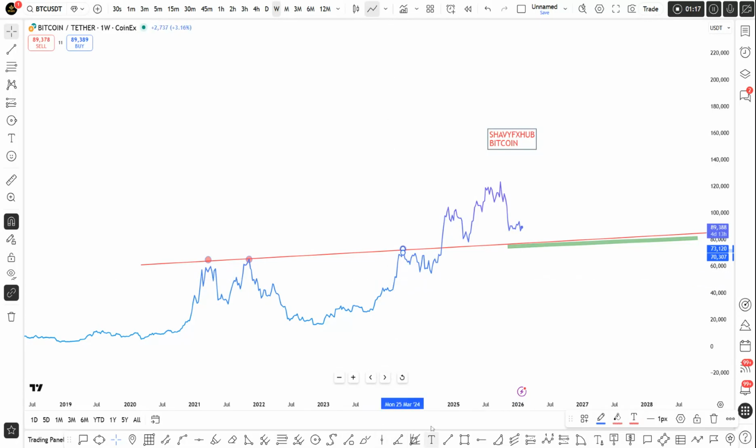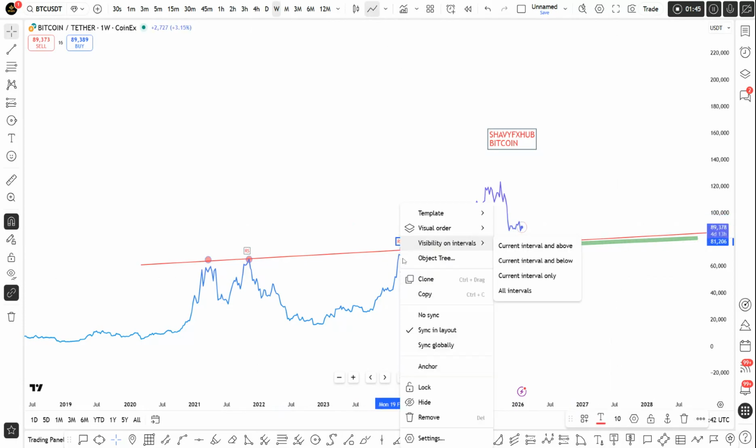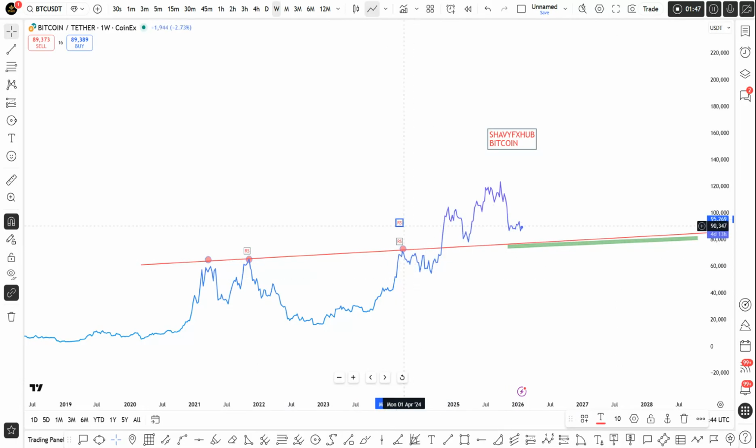Let me put into context ROS: resistance becomes support and breakout structure on weekly time frame. That's the second one, sorry, the third one. This is the first one.